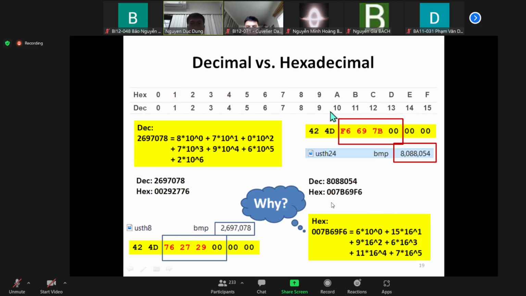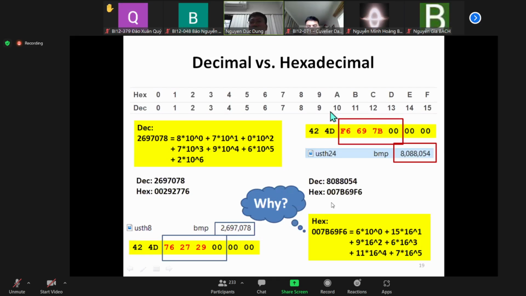Why is our data, our information, usually displayed in hexadecimal numbers, not in decimal numbers? In our daily life, we mostly use the decimal numbering system for writing documents, reports, and displaying the price of goods, and many things.